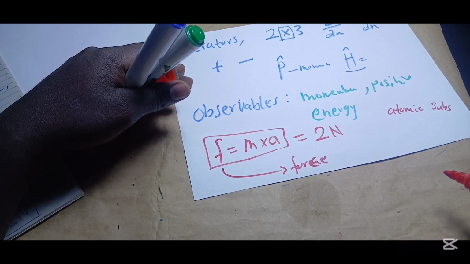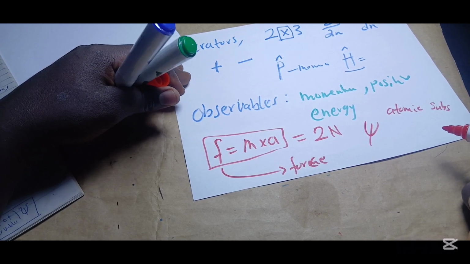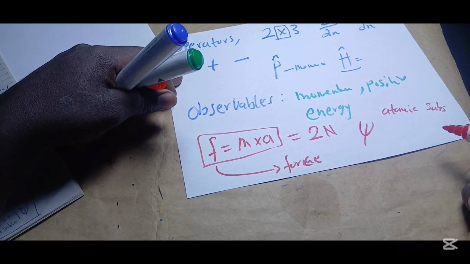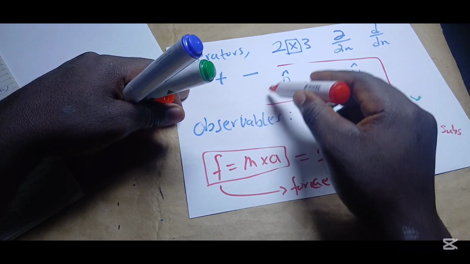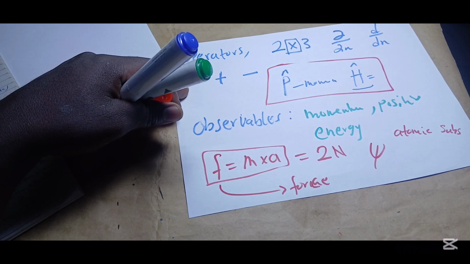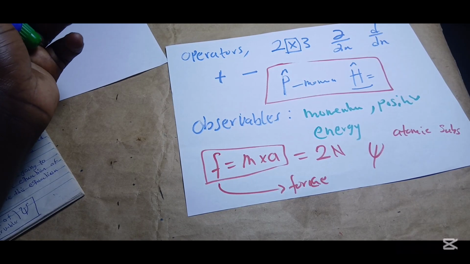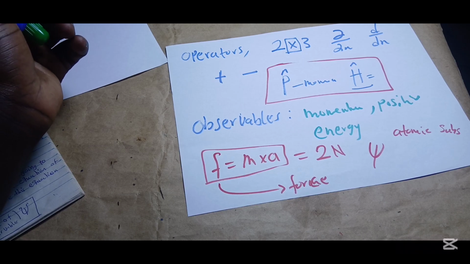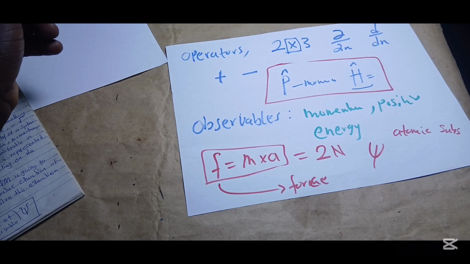We are not dealing with the observable straightforwardly, but we rather have a wave function that contains all the information we need about the observable. That is why we have operators for quantum mechanics, which are slightly different from classical mechanics. So now that you know what operators and observables are, let's go back to today's business.